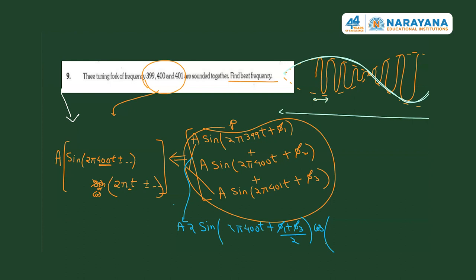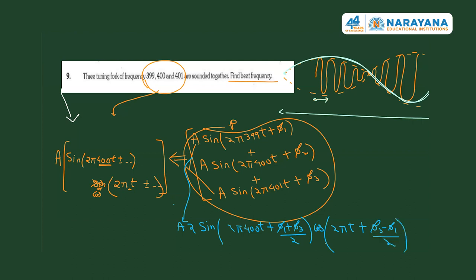So what is that? 2 pi t, and I think it is 2 pi t, 401 minus 399, that is 2 upon 2. So that term is fine. And plus it is (phi 3 minus phi 1) by 2.